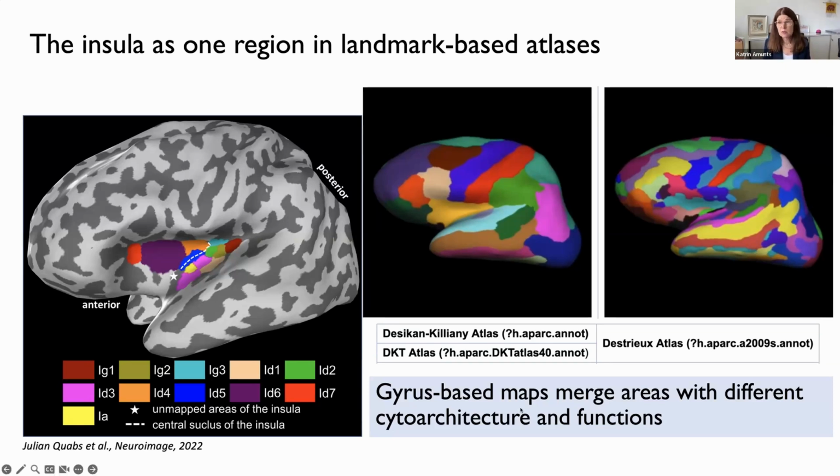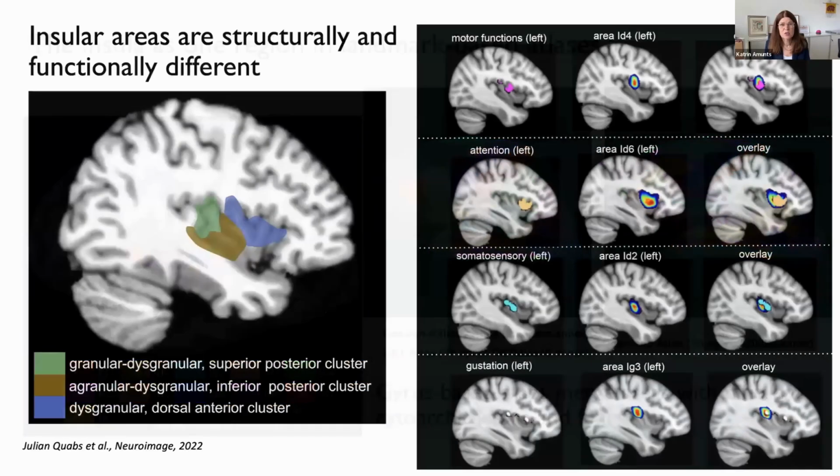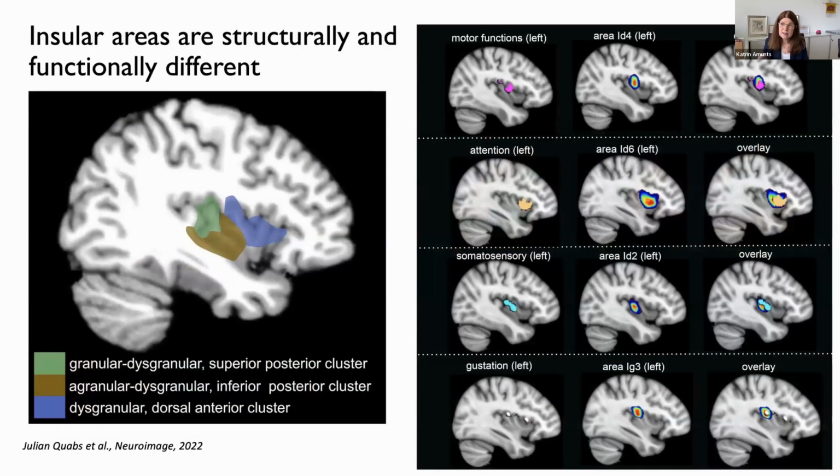In that respect, we were really happy that one of our former doctoral students, Julian, has mapped the insula in this way. And indeed, this mapping corresponds to different functions. This is illustrated in this image, where we can see that motor functions, attention, somatosensory function, or also gustation are mapped to different cytoarchitectonic areas.